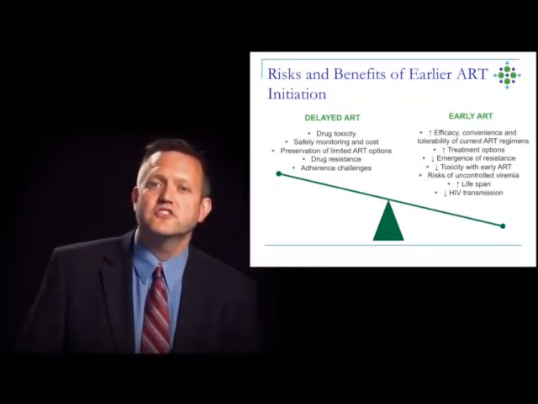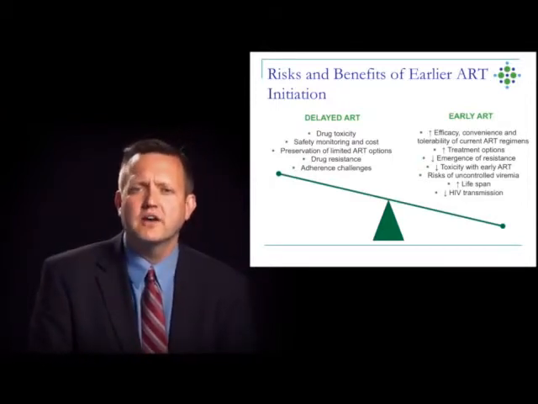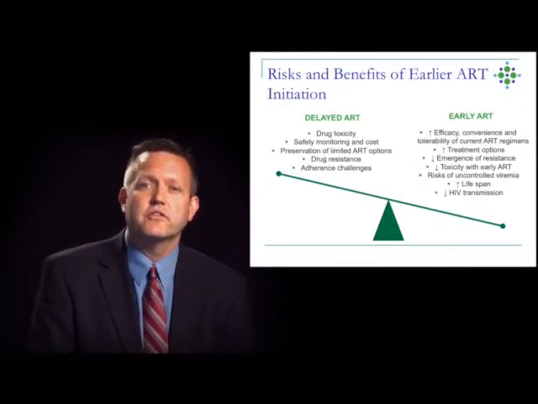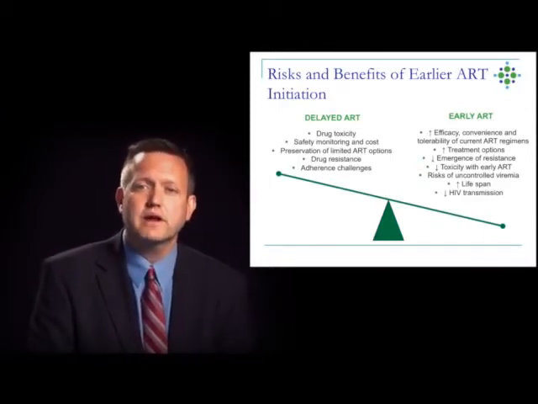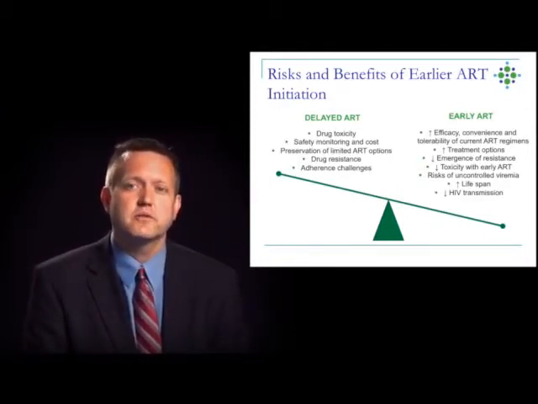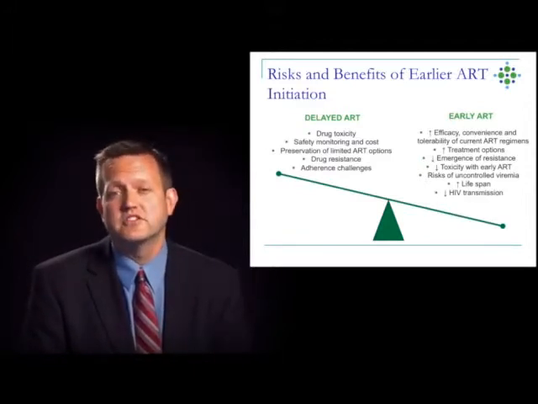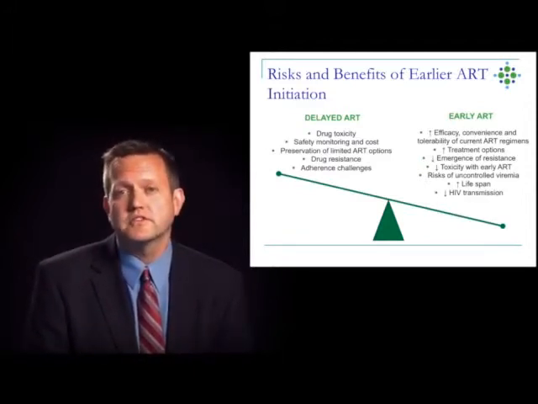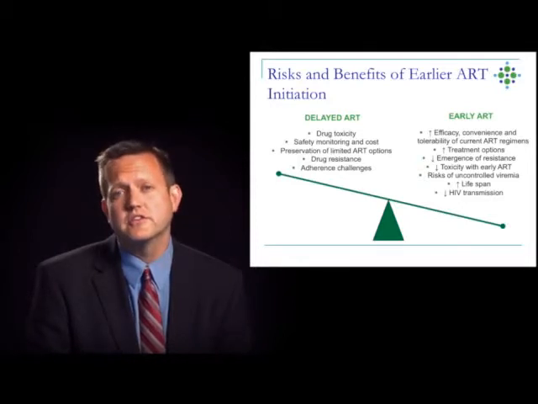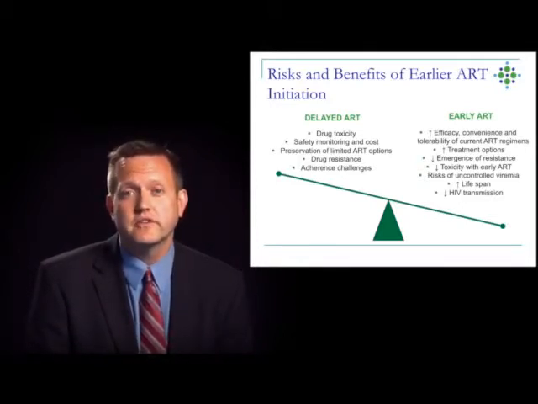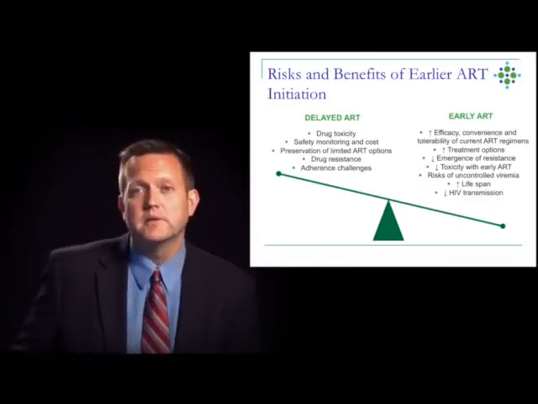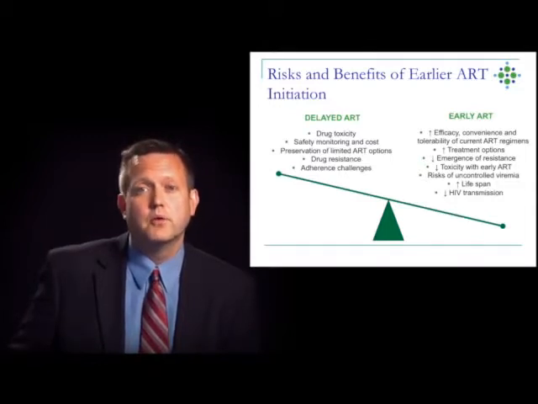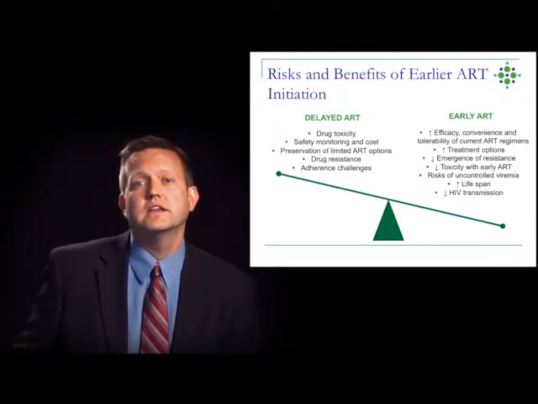And in addition, I mentioned before that we're worried not only about the effects on the immune system, but also the effects of the virus on other organ systems. And we recognize that uncontrolled HIV viremia is causing damage over time to other organ systems, in particular the cardiovascular system, the neurologic system, the central nervous system, and can drive bone mineral density loss, as well as damage to kidney and liver.